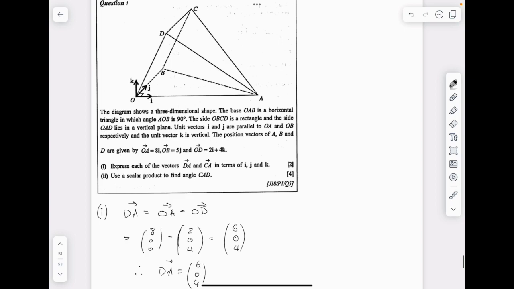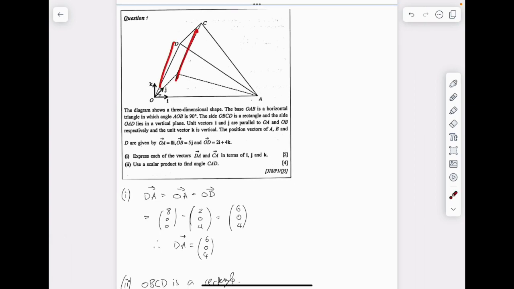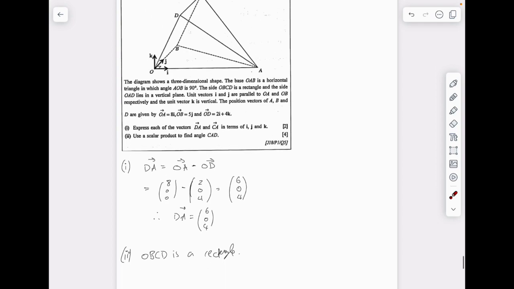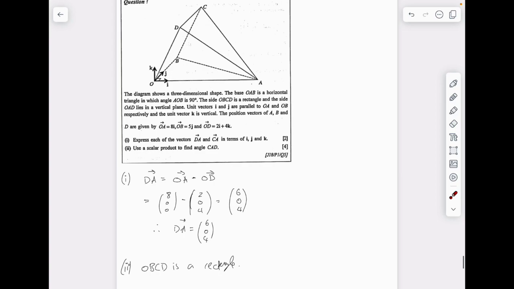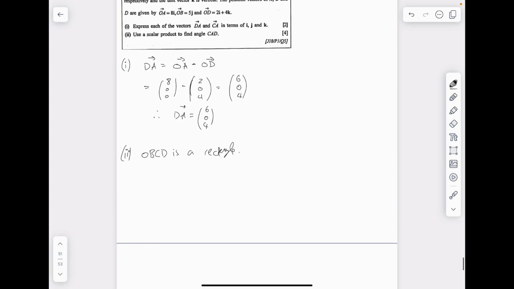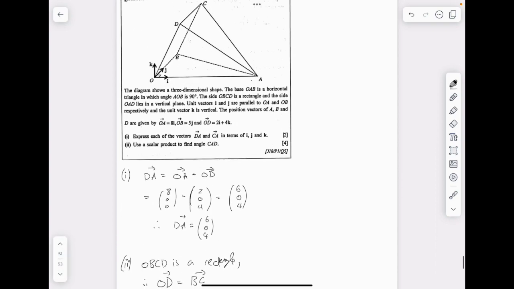It means that these sides are the same and these sides are the same. So we know that, firstly. Now, from that knowledge, OD is going to equal BC.